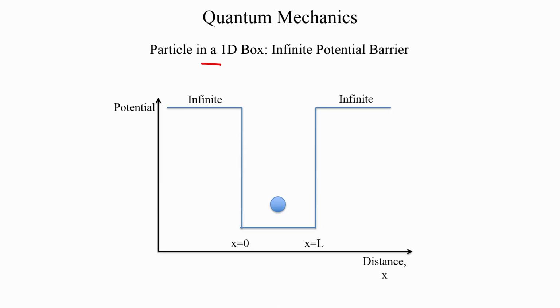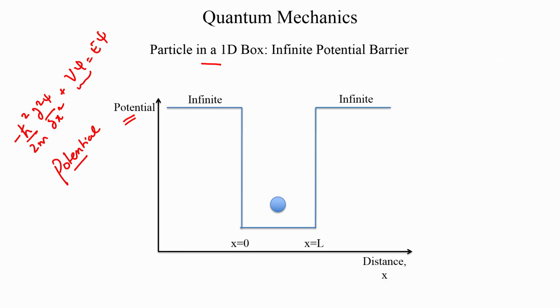Okay. And what we have here is the profile of the potential versus the distance. Now, although I keep using the term potential, I would like to emphasize that this term in Schrodinger's equation, which is minus h bar square by 2m dou square psi by dou x square plus V psi is equal to E psi, corresponds to the potential energy.